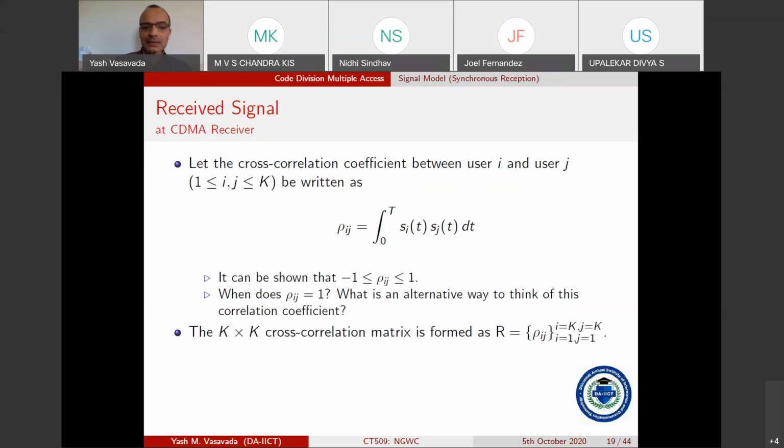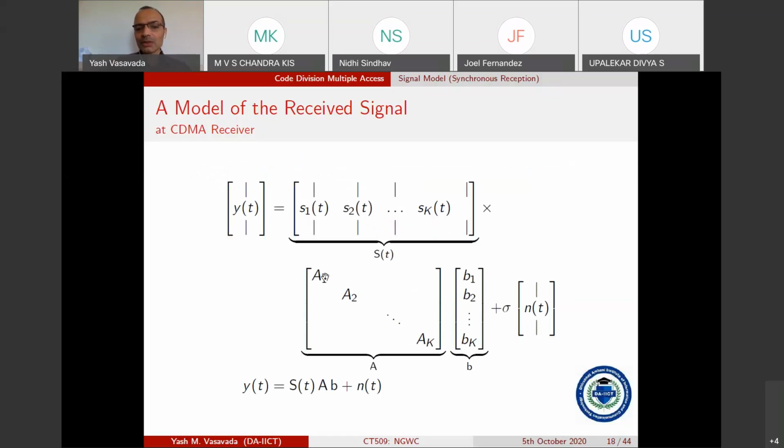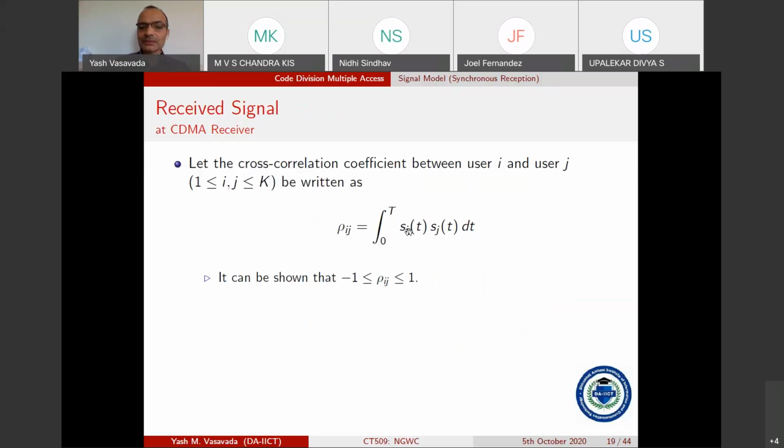Okay, so that is how we will formulate the correlation matrix R. This R is slightly different from the R that we have seen earlier. There the correlation elements would not be normalized because we didn't pull out the symbol energies as a separate diagonal matrix. And therefore the columns of this matrix were not having unit energy.